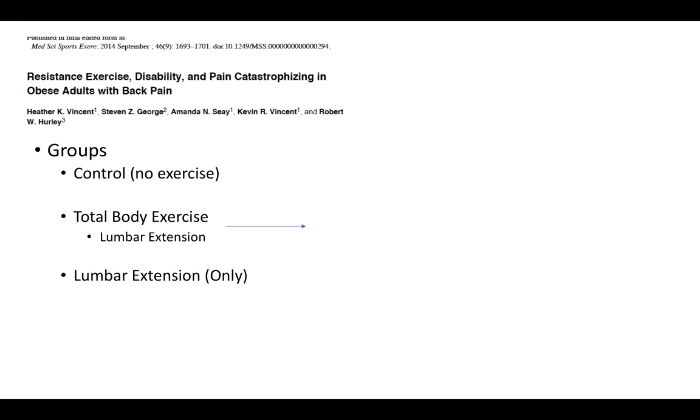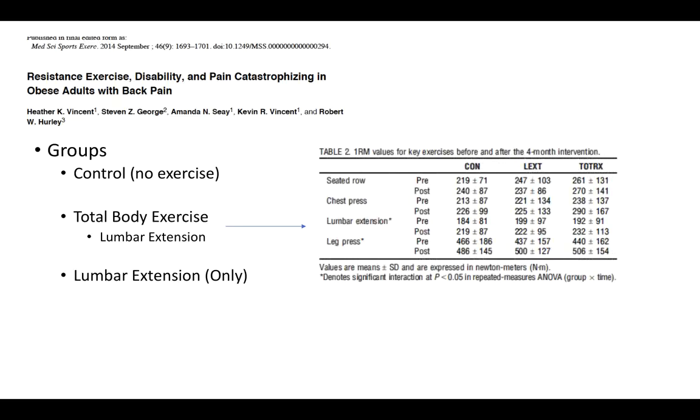And then how does this relate to pain catastrophizing and disability? This was a nice paper from Medicine and Science in Sports and Exercise 2014, where they looked at a control, which is no exercise. They looked at total body exercise, which included lumbar extension, a Roman chair approach, seated rows, chest press, and a leg press, and then they compared that to lumbar extension only.